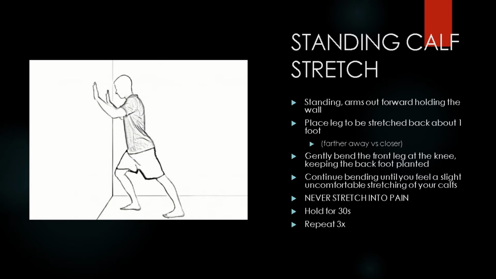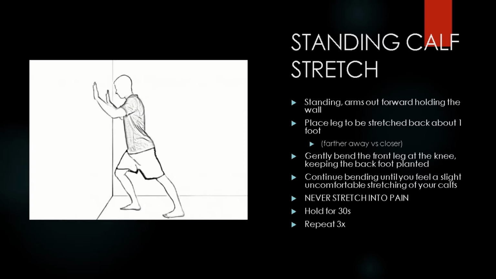First, we have the standing calf stretch. Now, what I want to point out here is that the following calf stretch positions are just about exactly the same as this first one here, with minor alterations to the position of the back foot that you're stretching. But for all intents and purposes, you will be standing, arms out forward, holding the wall. Place the leg to be stretched back about 1 foot.